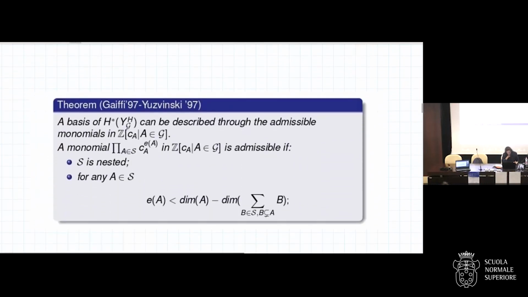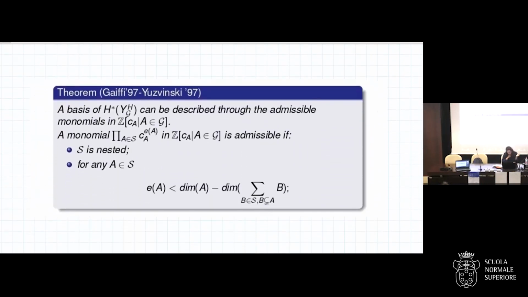Now, there is this result from Feichtner and Yuzvinsky. These are actually two papers that came out at the same time with a description of a basis for the cohomology of this variety, which is in terms of nested sets, so the sets we just defined. And the monomials that appear in the basis are called admissible monomials, rings a bell.